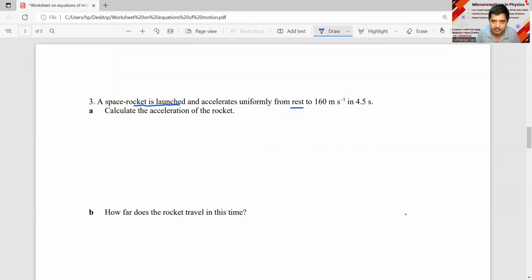From rest, it's already given. u equal to 0 to 160 meters per second, so v is equal to 160 meters per second. And it accelerates uniformly, which means you can use your equations of motion, in 4.5 seconds.